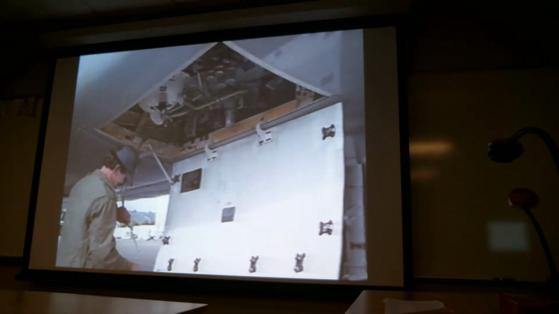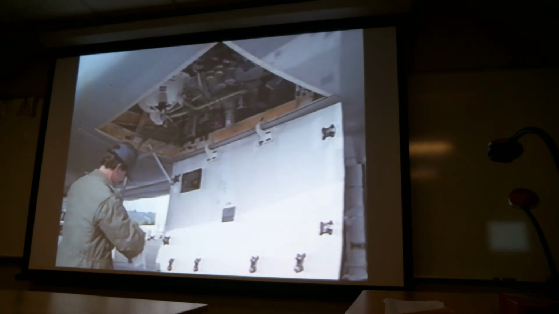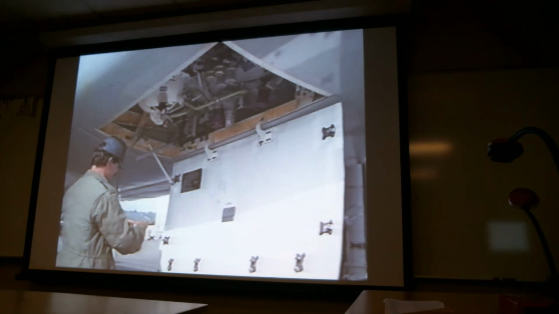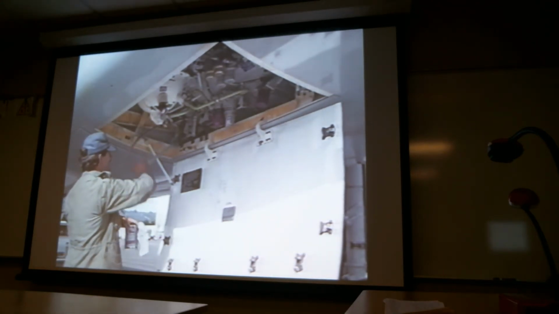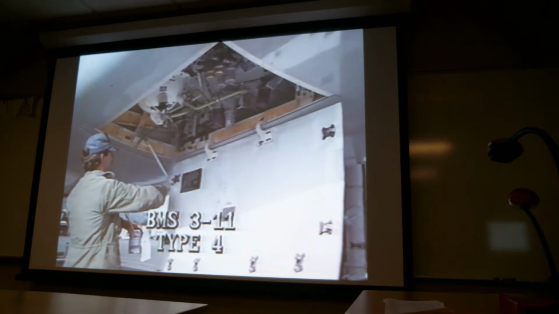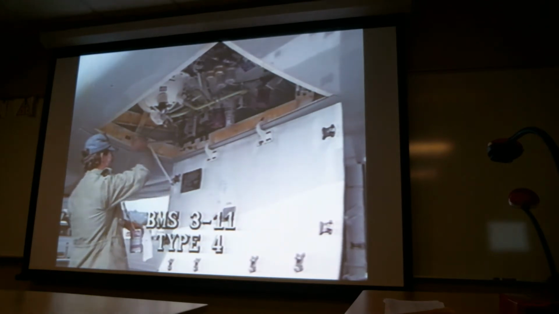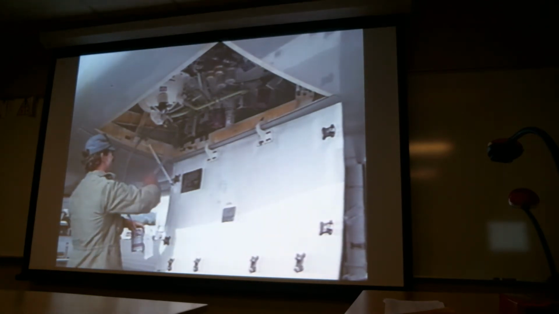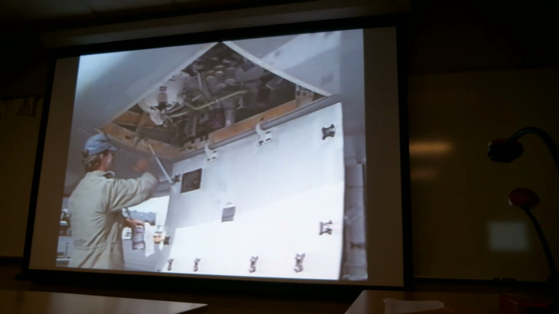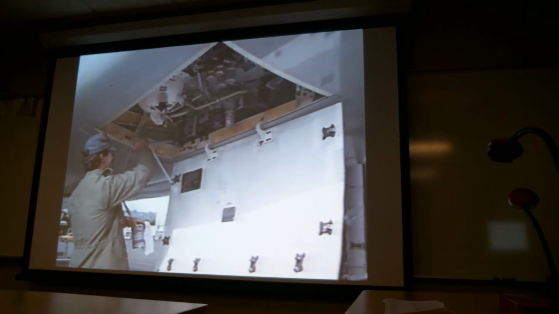Wipe the end of the suction hose to remove any dirt, and insert the end of the suction hose into a container of hydraulic fluid. Boeing recommends BMS 3-11 Type 4 hydraulic fluid. Operate the hand pump. Observe the hydraulic quantity indicator at the servicing station and fill the reservoir until the full level is indicated.